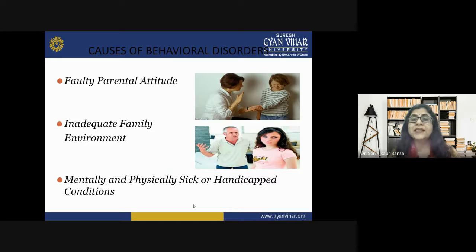So when the child is observing a very positive, cool, loving environment in the family, the child tries to show the same in his environment, either in his school or with friends. But on the contrary, if the family environment is not adequate, the parents are fighting all the time, or the parents are separated due to some reasons, that situation becomes very challenging for the child's behavior.